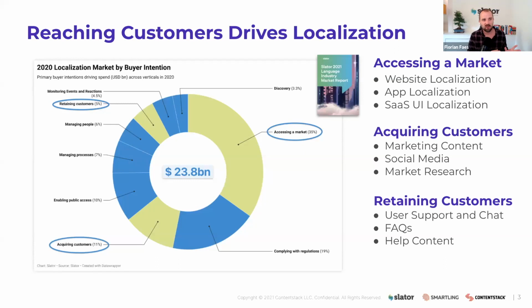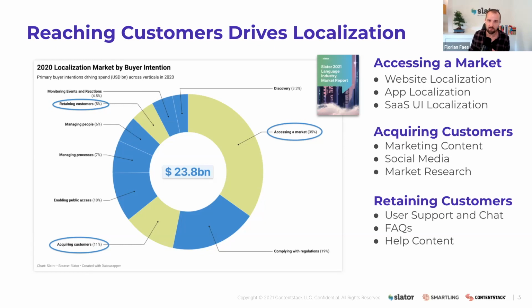You're looking at essentially three buyer intentions geared towards e-commerce, towards selling something, towards making something accessible in a digital form. One is accessing a market, then acquiring customers, and of course, retaining a customer. So let's look at them briefly.